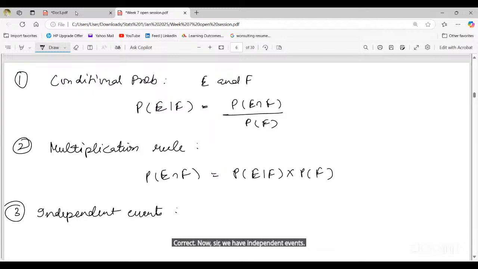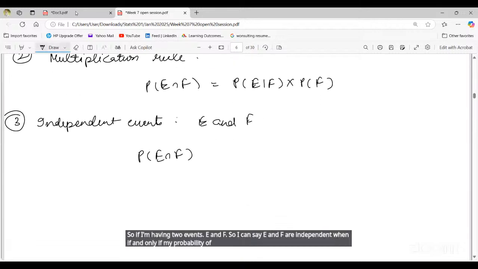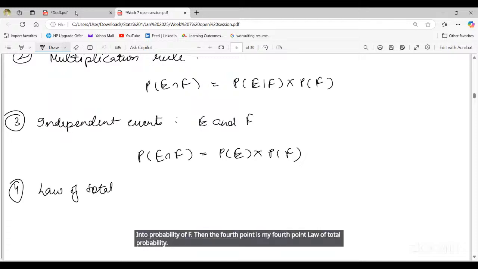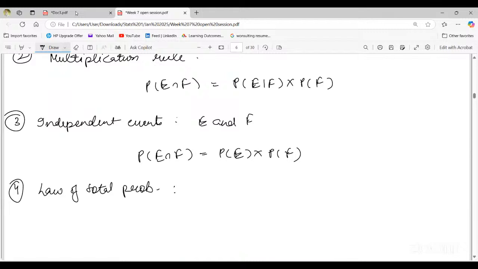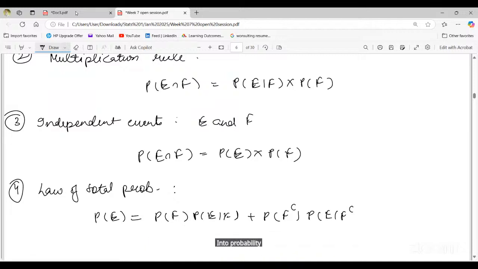Now third, we have independent events. If I have two events, E and F, I can say E and F are independent if and only if the probability of E intersection F is equal to the probability of E into the probability of F. Then the fourth point is the law of total probability, which states that the probability of E is equal to the probability of F into the probability of E given F plus the probability of F complement into the probability of E given F complement.